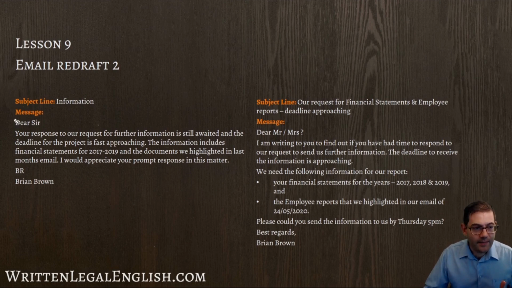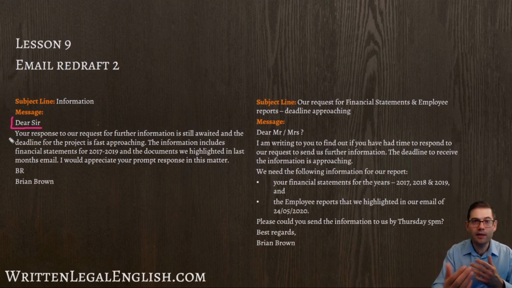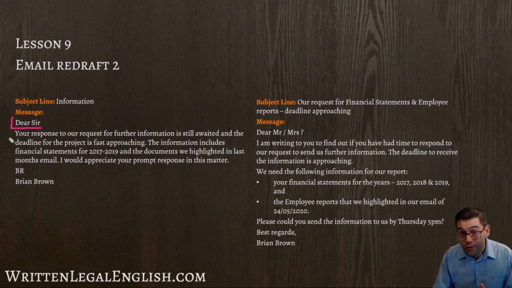On the original email it started off, "Dear Sir." This is a mistake. Why is it a mistake? Because the context of the email tells us that emails have been going backwards and forwards. So we should know who we are writing to. We are not writing to a stranger. We are writing to someone we already have communicated with.